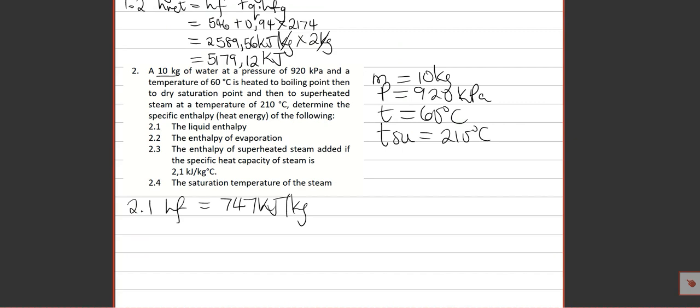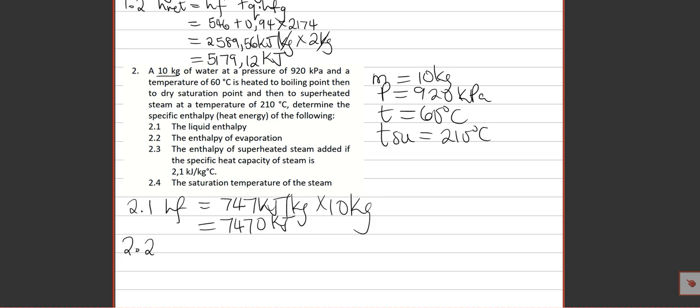Because they gave us these 10 kilograms, you'll multiply your enthalpy value. Thus, it gives us 7470 kilojoules. The kilograms, they still cancel each other. So you'll only multiply this mass to enthalpy values. You won't multiply it to a temperature if they require you to find a temperature, but only enthalpy values.